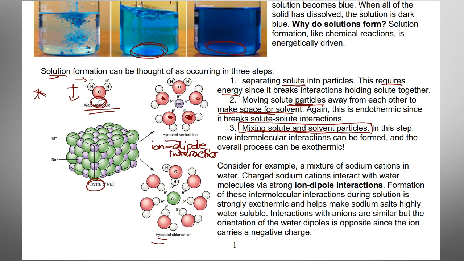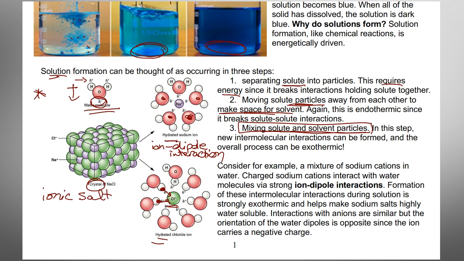This is a pretty typical type of interaction that you see when an ionic solid, like table salt, is dissolved into a polar solvent, like water. You can see when you look at the bottom part of the figure that the same type of interaction happens between the chloride anions and the water molecules. But instead of the oxygen atoms orienting themselves towards the chloride, in this case, the hydrogen atoms orient themselves towards the chloride because the hydrogens carry a partial positive charge and the chloride carries a full negative charge.